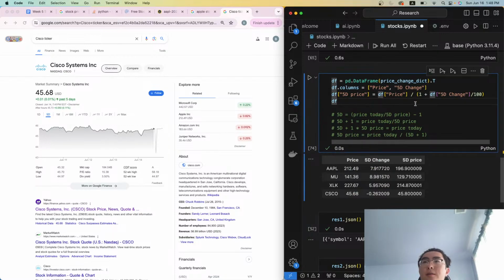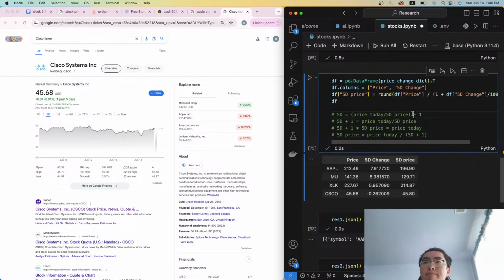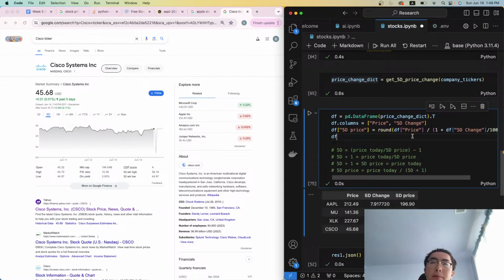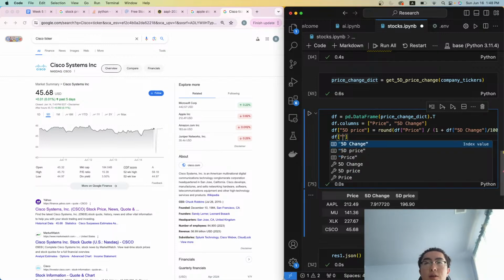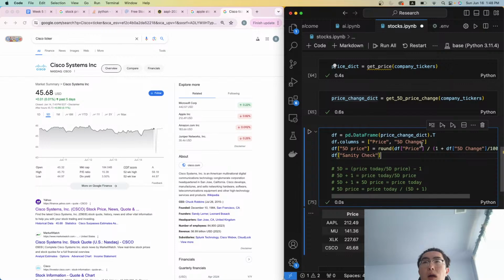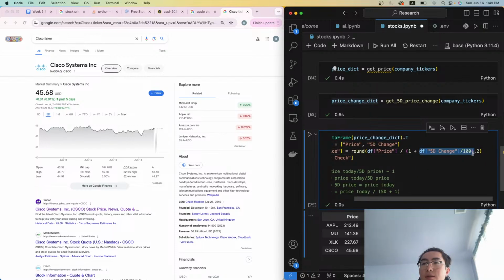Maybe we'll round this. Okay, so I think that's pretty good. I think if we just do a sanity check, so sanity check, should we divide this actually by 100 first? Yeah, I'm gonna just do this.